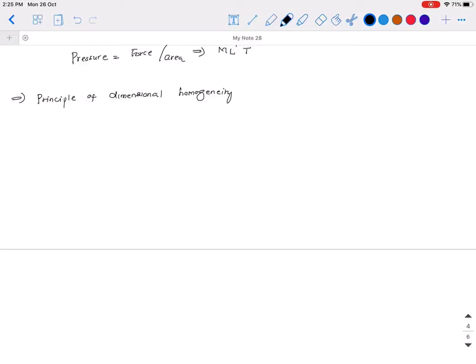It says that for any expression that relates variables of a physical phenomenon, all additive terms in the equation should have the same dimensions.